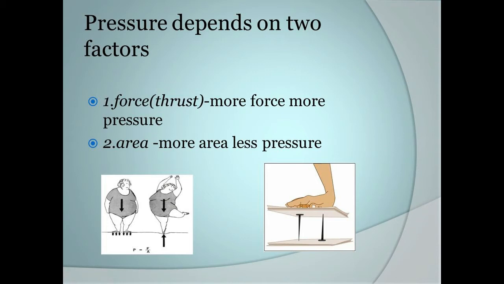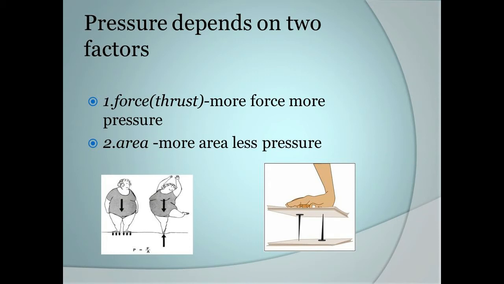However, if the area decreases, the pressure increases. The other thing is that if the area is fixed and the force increases, the pressure also increases. On the other side, if the force decreases, the pressure also decreases.